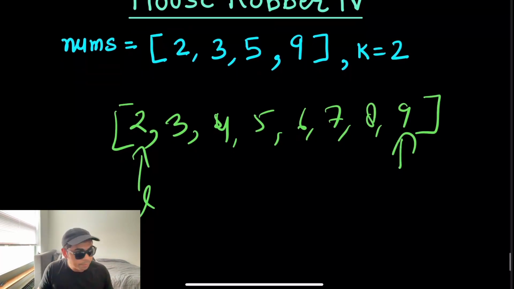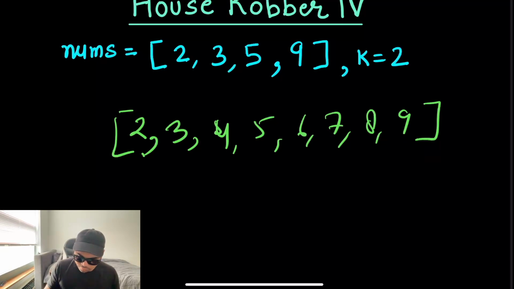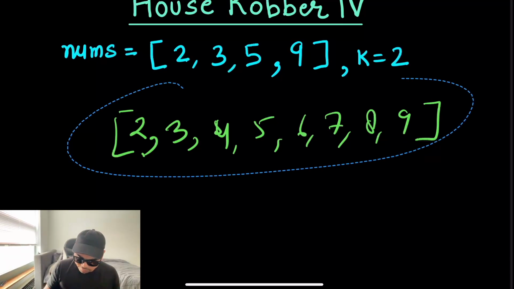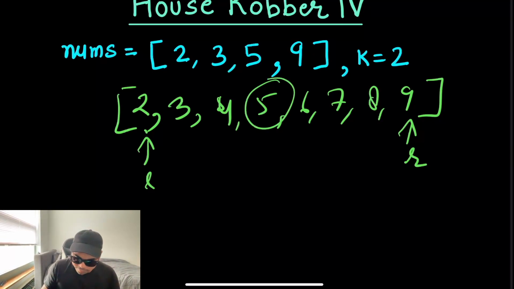You have left and right pointers. I'm going to move this up a little so it looks nice. Okay, so you have left and right pointers, then you find the mid, in this case 9 plus 2 divided by 2 would be 5, that is our mid.